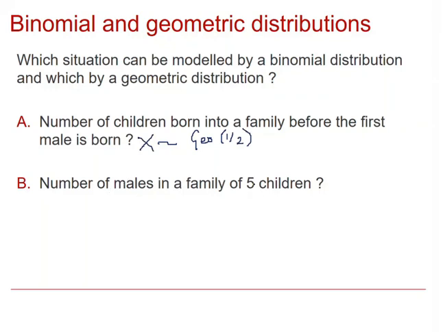Whereas if we look at B, we clearly have a fixed number of children in our family, and the variable we're interested in is the number of males out of 5 children. So again, the probability of success of getting a male is a half, so the variable, if we call it y in this case, would follow a binomial distribution with parameters 5 and a half.